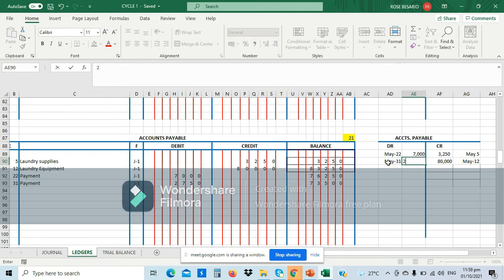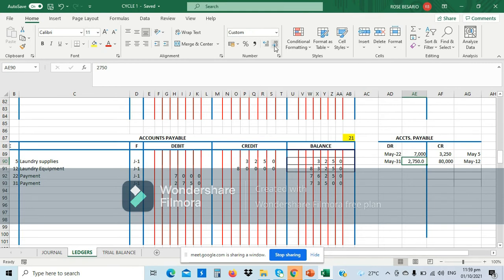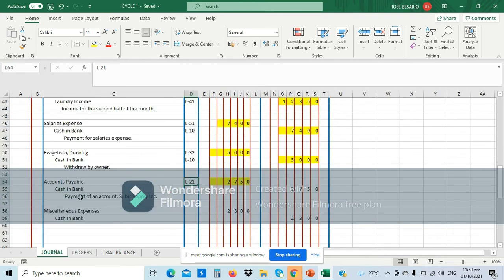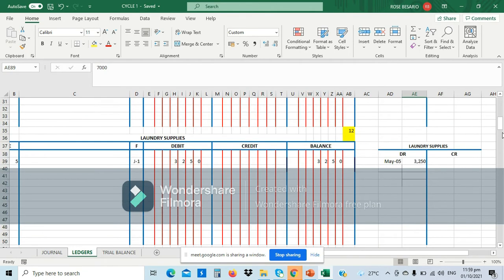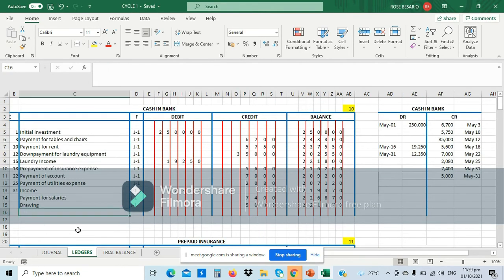Then 2,750. Okay, and then cash in bank. So this is L10, 2,750. So cash in bank, this is taken from J1.